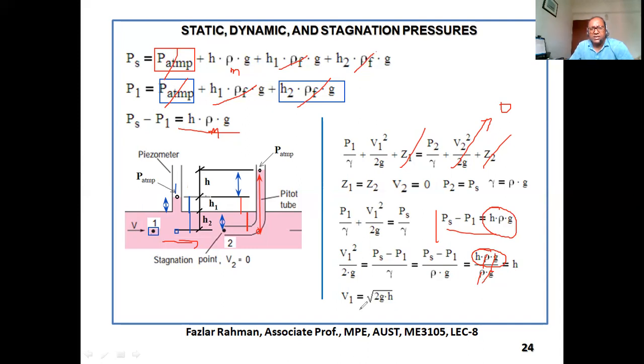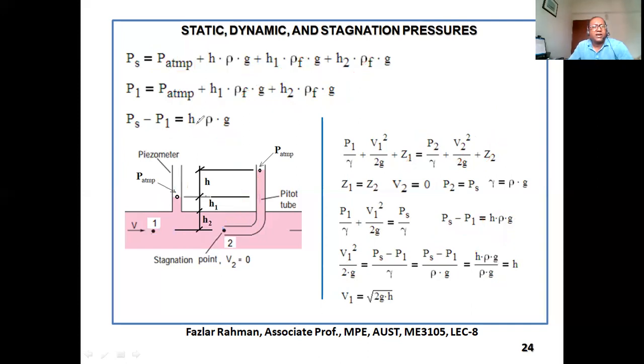But if the density is not the same, then what will happen? Then this one will be h rho M. And in the formula, you are getting V1 squared by 2g equals PS minus P1 divided by gamma.